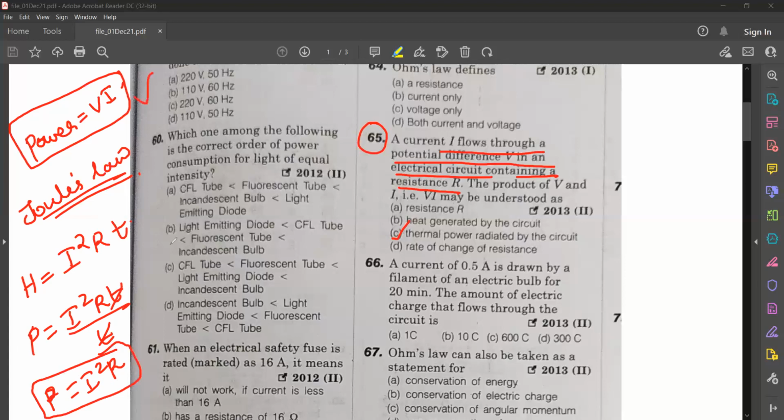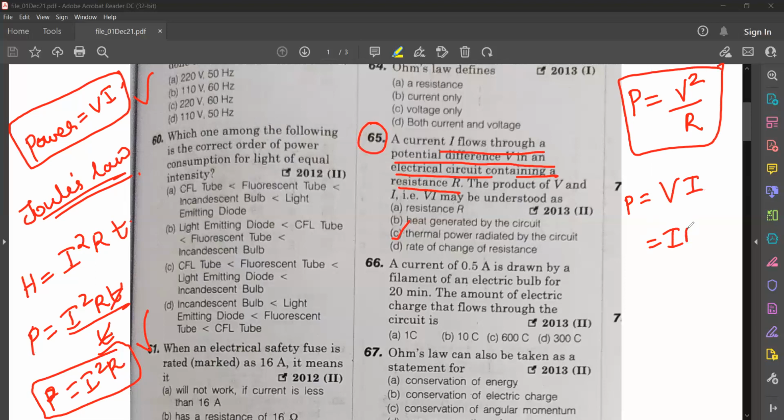So P is equal to VI. P is equal to I square R. There is one more equation for power: P is equal to V square by R. From the same equation, everything is coming. So listen, they are asking you what is VI, isn't it? Power is equal to VI. So we know V is I into R, so into I, that is I square R. Then power is equal to VI, no?